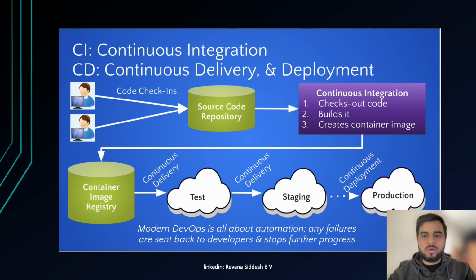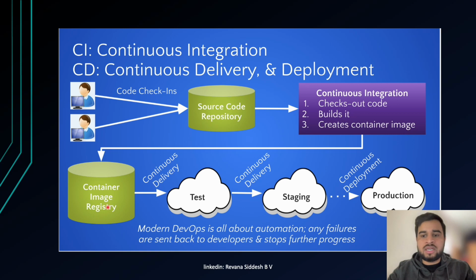Now let's talk about the diagrammatic view of the CI/CD pipeline. Here is the pictorial representation showing continuous integration, delivery, and deployment. The developer is pushing the code to the source code repository, and a CI/CD server is building it and creating container images, and those container images are stored in the container image registry.